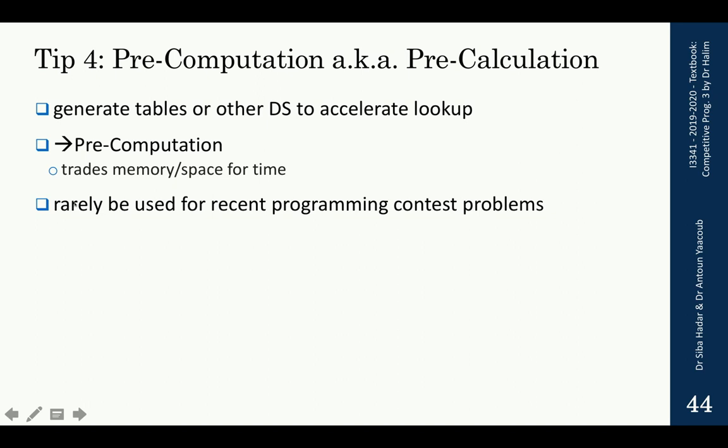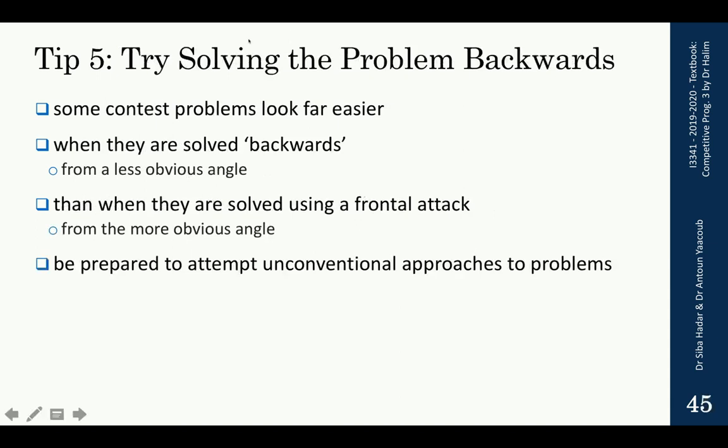But this kind of tip is rarely used in recent programming contests, so you don't really need pre-processing. Tip number 5 is try solving the problem backwards. Some contest problems look far easier when they are solved backwards, from a different angle.